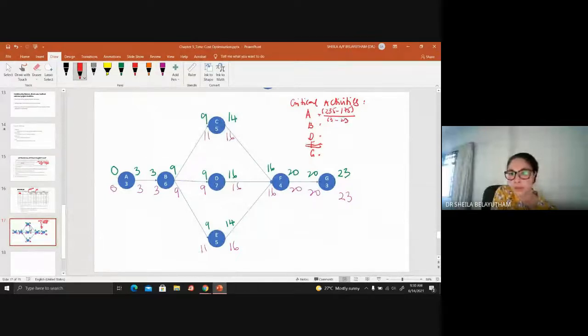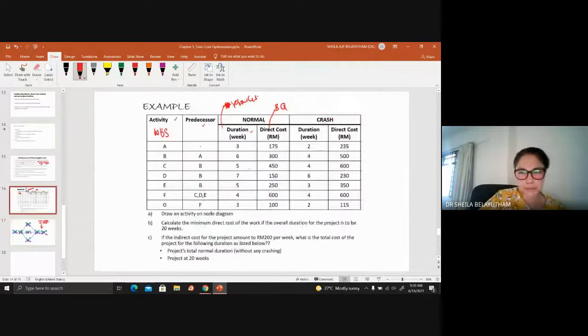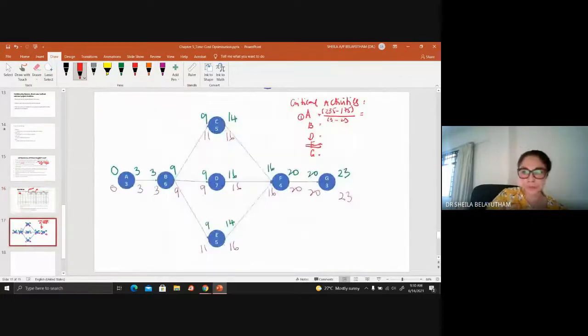Okay, so activity A, just make it small here. You only have one day for crashing. And then for activity B, 500 minus 300, divided by 6 minus 4.